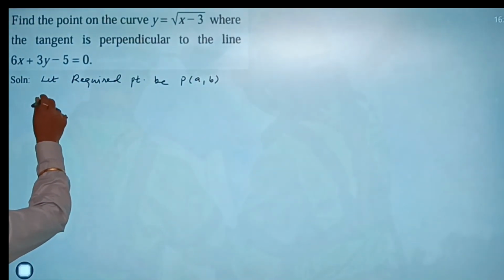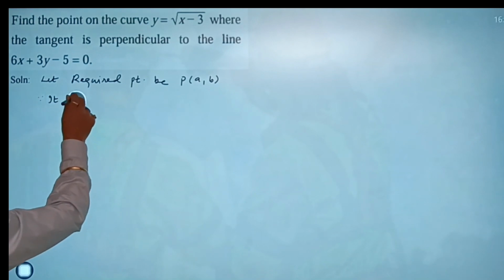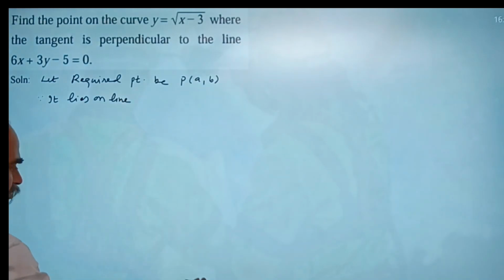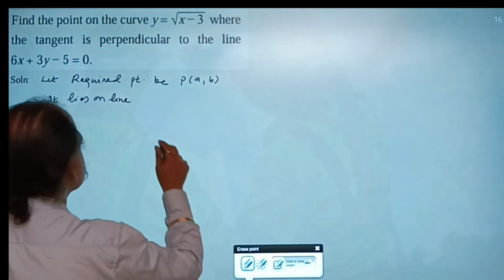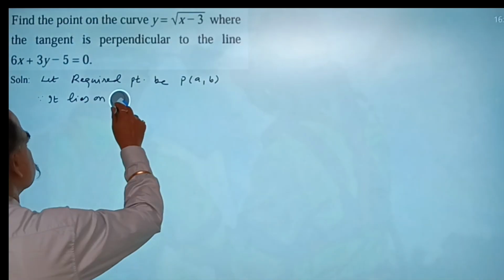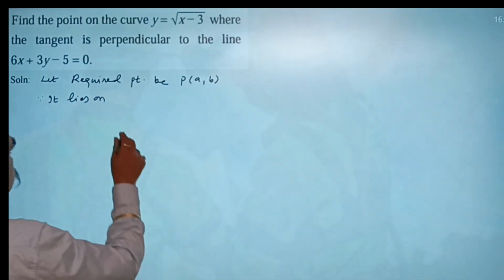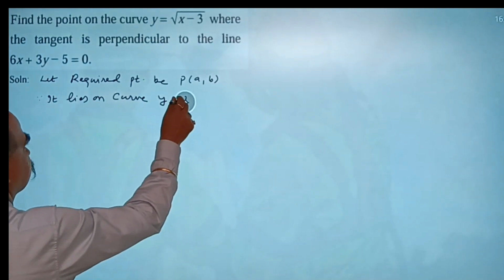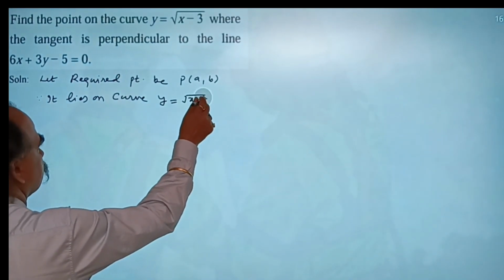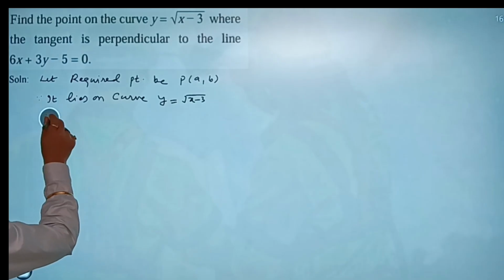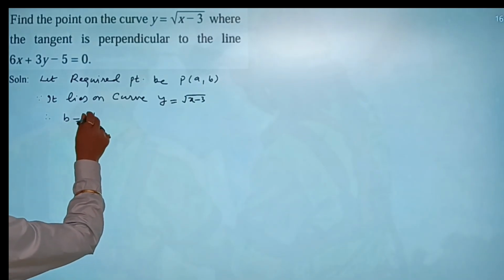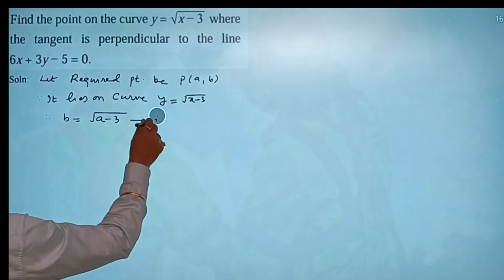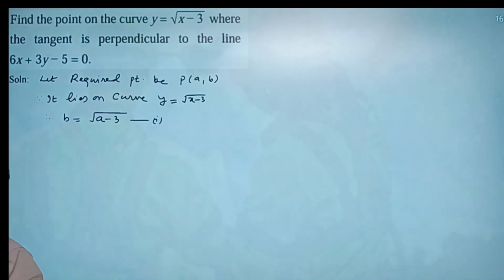Since it lies on the curve y is equal to root x minus 3, therefore b is equal to root a minus 3. Equation number 1.